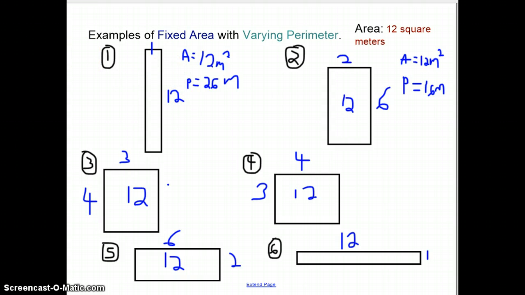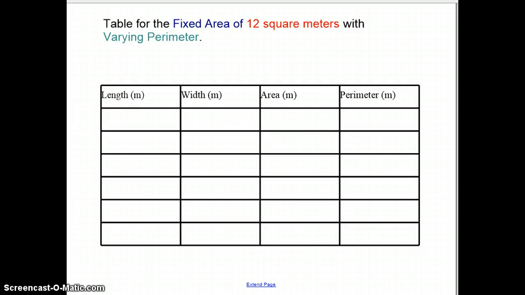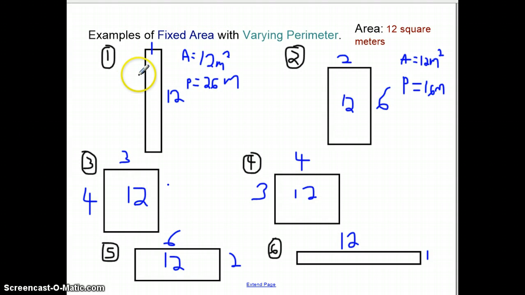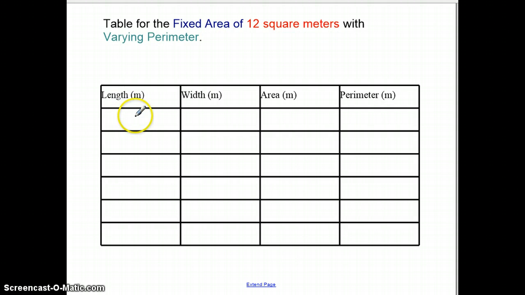So if we put this into a table here and do length times width for the first one, this is what I want to see before or as we go into class. We'll do the first one together, but I want you to complete this chart. So length is going to be 1 and 12 is our width for the first figure. Now notice this.